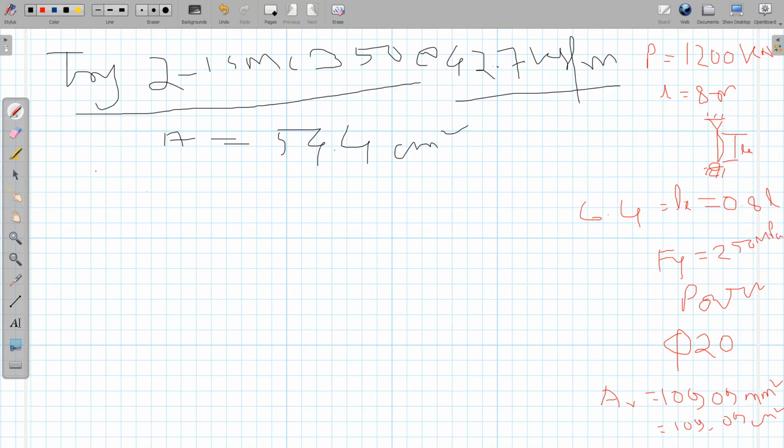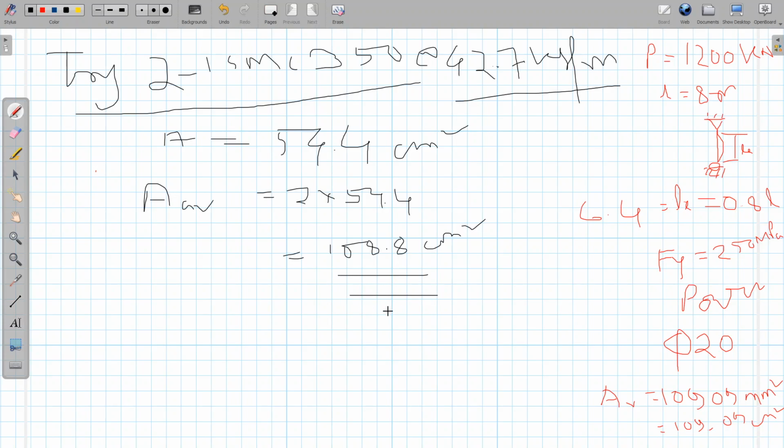We are taking two sections, so 2 into 54.4, which comes to 108.8 cm square. Now it is less than required, but it is very close. So let us see whether we can succeed with this or not.